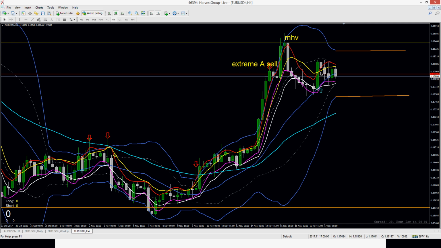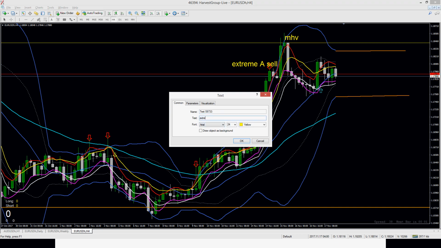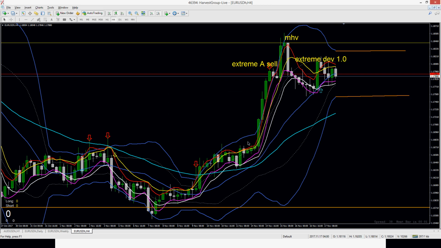Here the price has rejected mid BB, and obviously the candle goes back up again. So over here what you have is an extreme deviation 1. During sideways, whenever the candles reject deviation 1, then this is an extreme deviation 1. At the moment there is a price consolidation, whereby the price is going sideways along this area. So that's the signals and setup for H4.